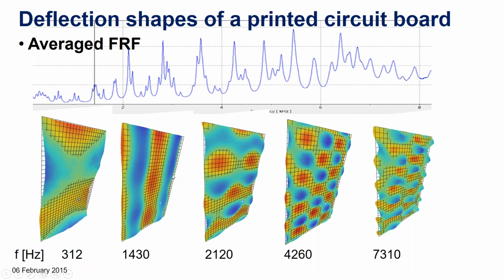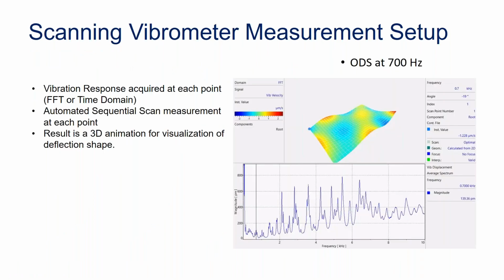And as you go higher and higher frequency, you can see the deflection shapes all the way down the spectrum become more complex. And you get to a point out here where they become very complex and you would actually need more points to resolve those. But basically these are the modes. You have one more step to do with curve fitting and extracting the modes out of this response.